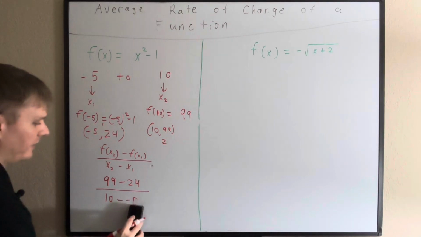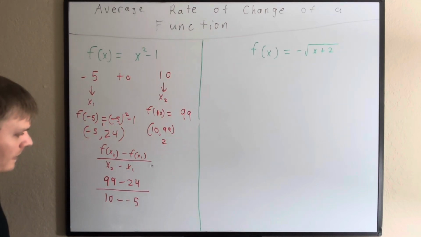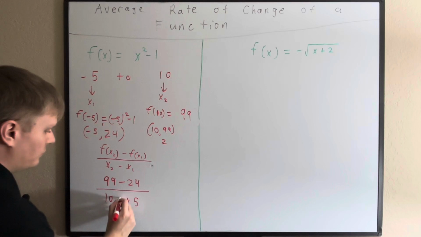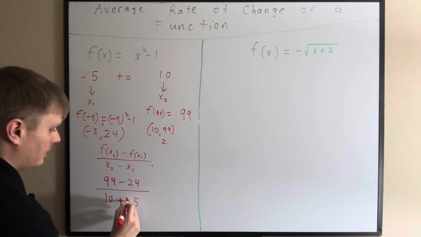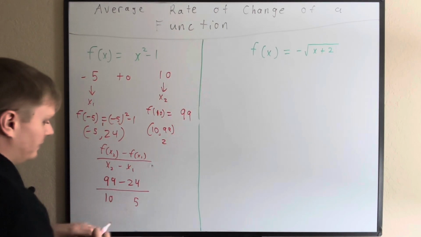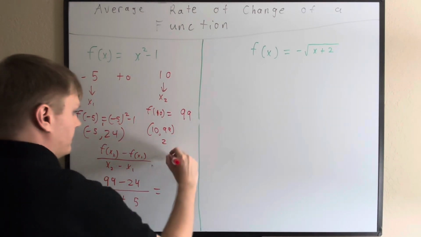So weird way to write a 5. There we go. Now a double negative becomes positive, or the doof rule, as some of you might know. That's the way I learned it. So what's 99 minus 24?